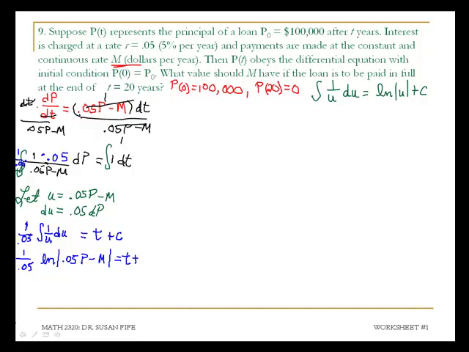We only need one constant of integration. And I get this equation, which gives me the solution to the equation that I'm looking for. However, I want to use the fact that P of 0 is 100,000 and P of 20 equals 0 in order to solve for my constant c, and in order to solve for m, which is really the value I want.